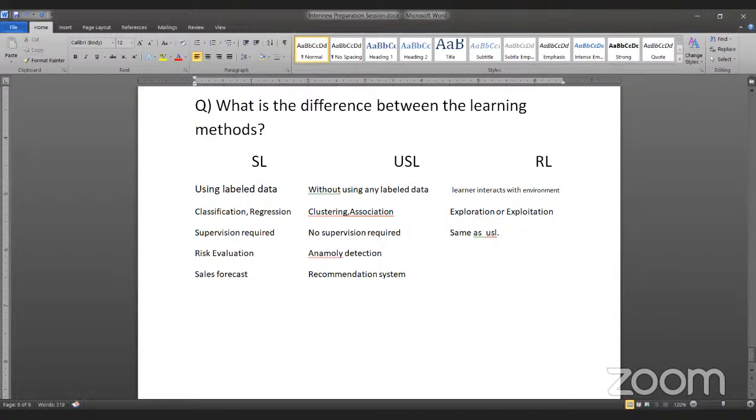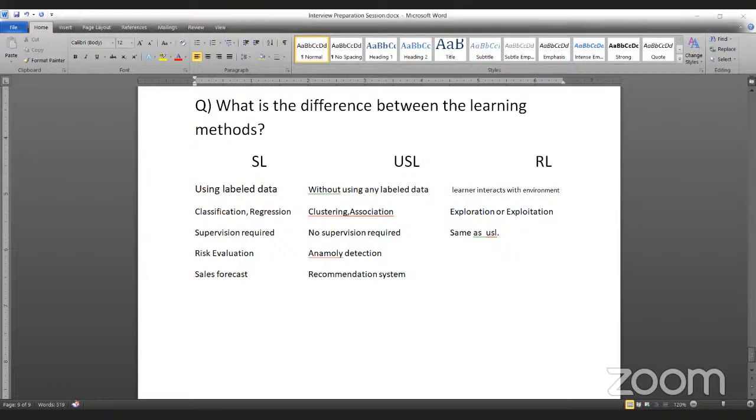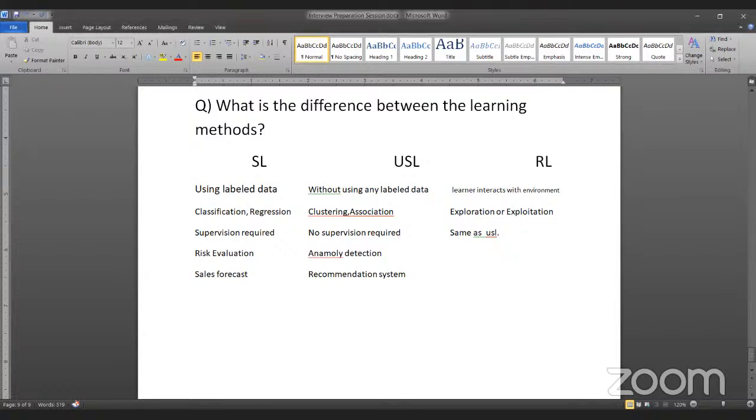Apart from this, reinforcement learning has some interesting applications. It can be used in the gaming industry, for creating games. Also self-driving cars, and also healthcare. Okay, so these are the applications.